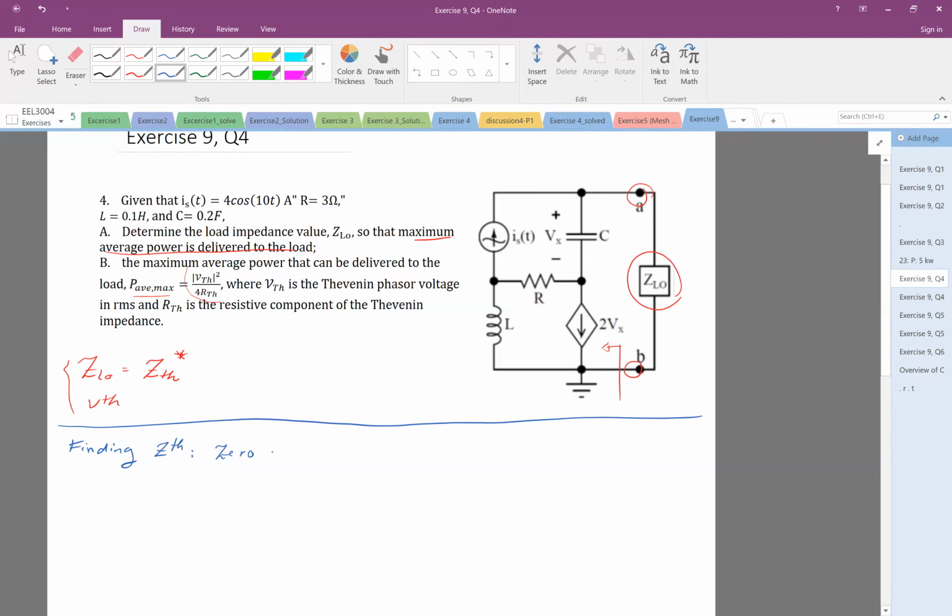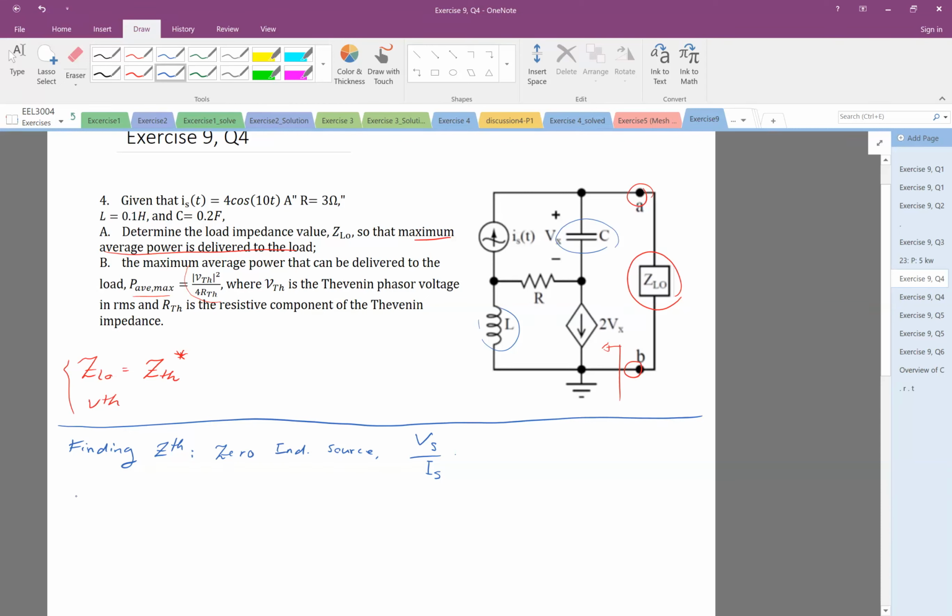And because we have a dependent source, we can put a test source VS, and then we look at VS over IS. Also, because we are looking at a sinusoidal steady state, we need to first find the impedances for our circuit elements.